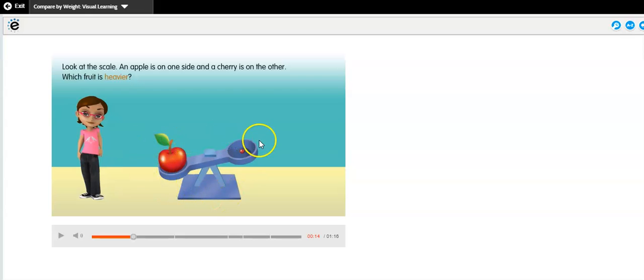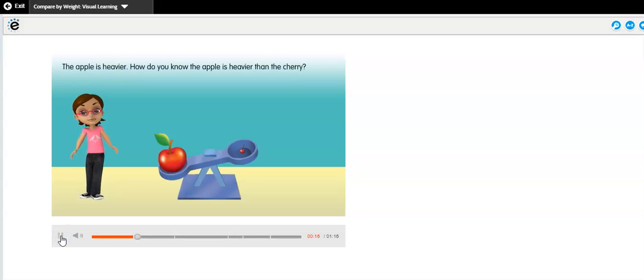When we look at the scale, we can tell which fruit is heavier by which side is lower. This side is lower, so the apple is heavier. The apple is heavier. How do you know the apple is heavier than the cherry? The side with the apple is lower.